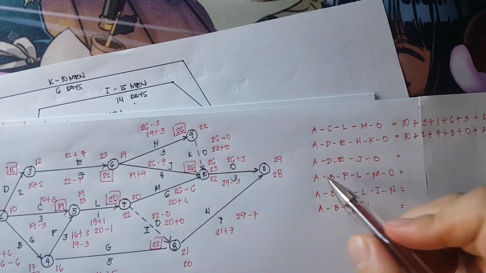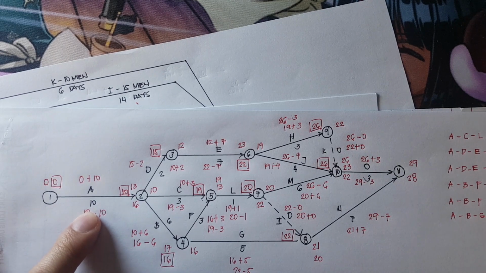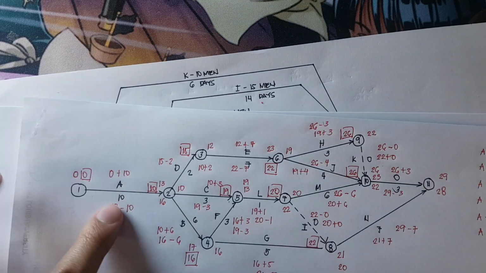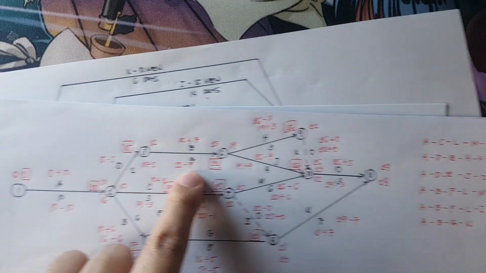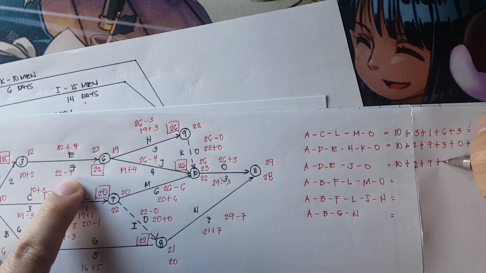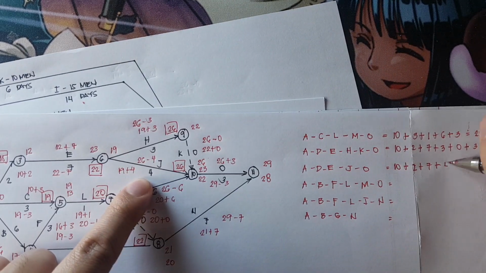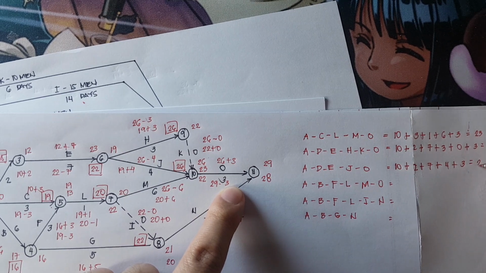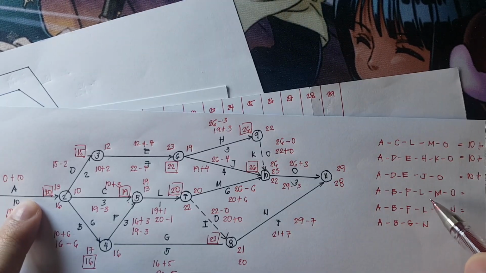Next, we have this path. So that is A 10 days plus D, which is 2 days, plus E, which is 7, plus J, which is 4 days, plus O, which is 3 days, and that is 26 days. Next, ABFLMO.